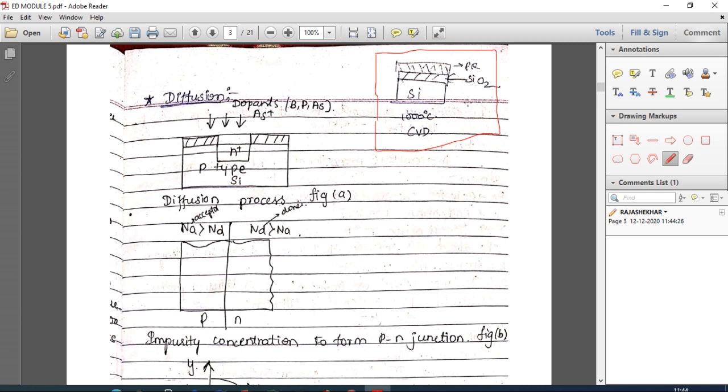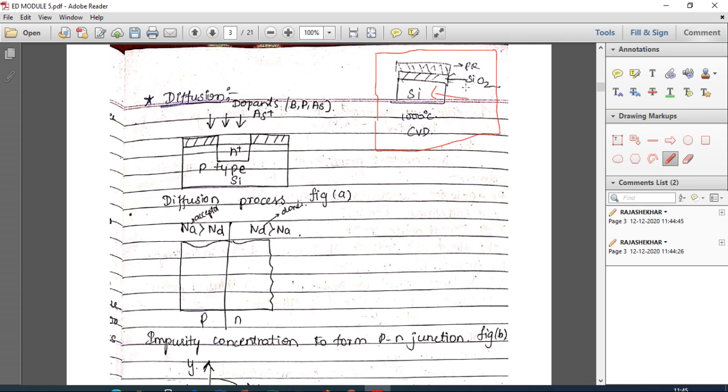This silicon substrate may be P type or N type. If I take it as P type, then the majority charge carriers are holes. Now for this we have to diffuse the N type material.